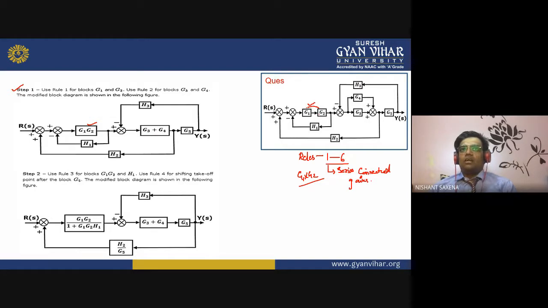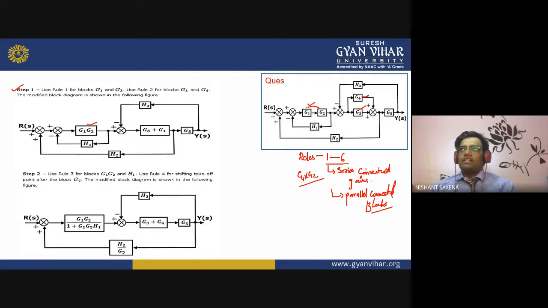Now we will apply rule number 2 for this block. Rule number 2 says that we have to reduce the parallel connected blocks. Which are the parallel connected blocks here? G4 and G3.